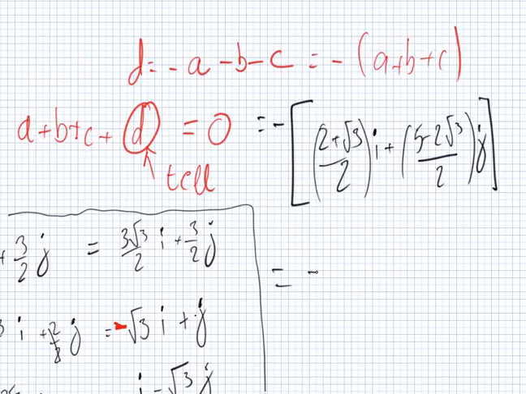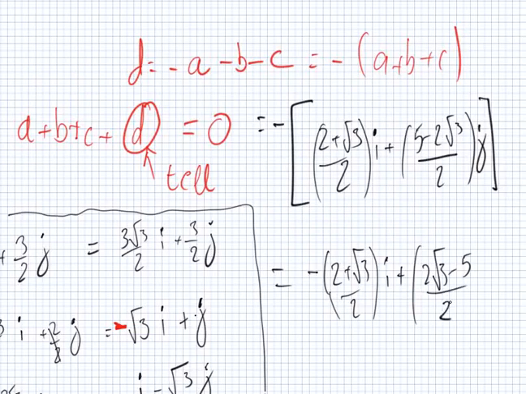So minus 2 plus root 3 over 2 I plus 2 root 3 minus 5 over 2 J. So that'd be the answer.